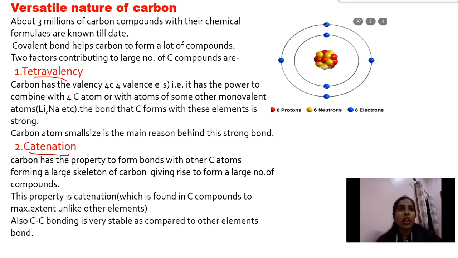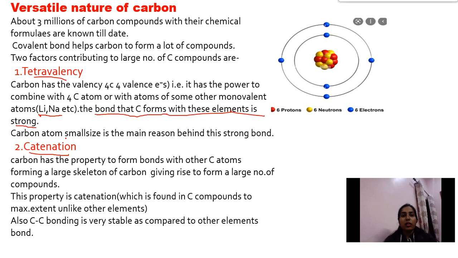Monovalent atoms means that their valency is 1, like sodium, lithium, chlorine, and the bond that carbon forms with these elements is strong.